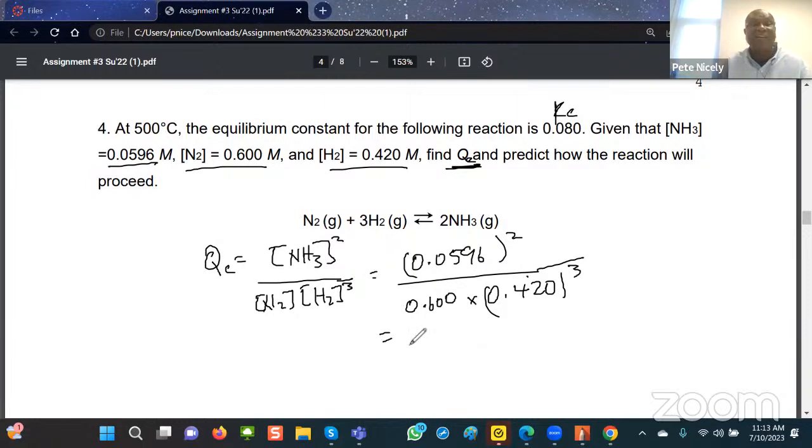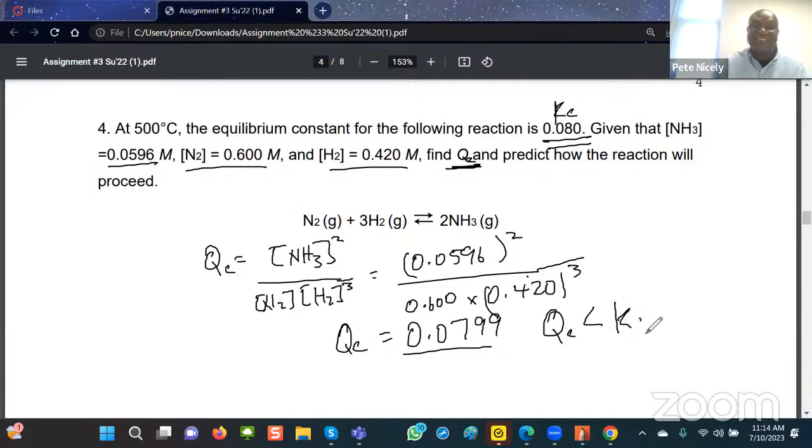I'm sorry, 0.0799. So this is Qc. And when I compare Qc to Kc, you'll notice that Qc is slightly less than Kc. So I'm just going to say here that Qc is less than Kc. So what does that mean?